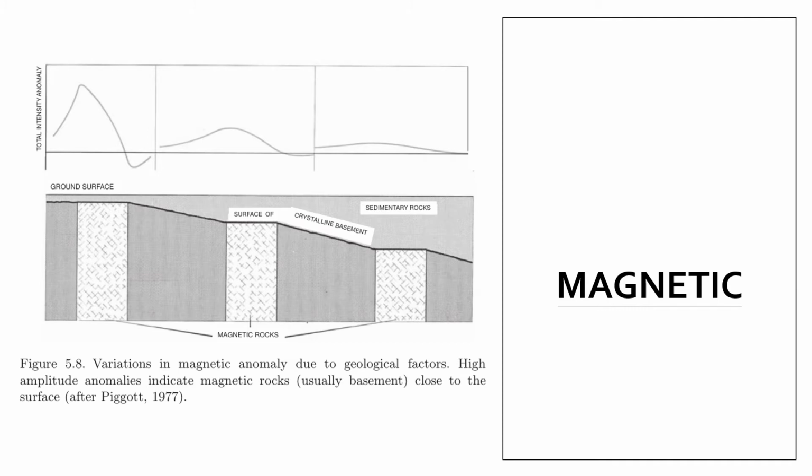Okay, but what's actually important here when you're looking for the basement, or when you're looking for a sedimentary basin, is that as you pass by an area with a lot of magnetic rocks, like here, in this part you have a shallow basement.